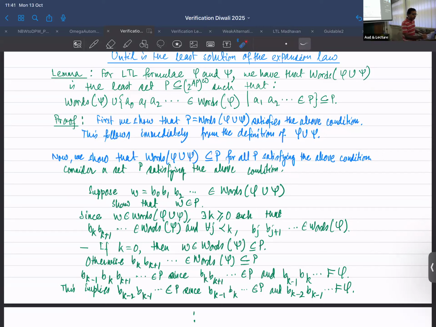Essentially, this particular set satisfies this constraint. If you replace P with this set, it satisfies, and among every P which satisfies this constraint, this particular set is included in that set P. Okay.